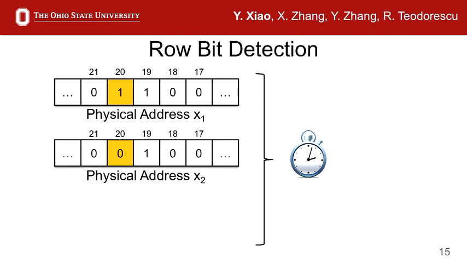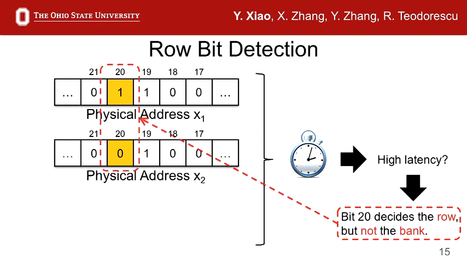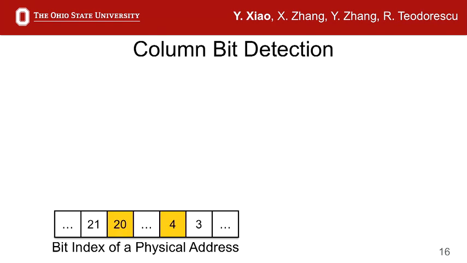In practice, 1,000 accesses already make the result clear. And we measure the time we use to do all the readings. If we witness a high latency in the timing, we know that x1 and x2 are mapped to the same bank but different rows. Then we can conclude that bit 20 decides the row, but it does not decide the bank. After doing the first test on all bit positions, we find the bits that only control the row index, and we call them the row bits.